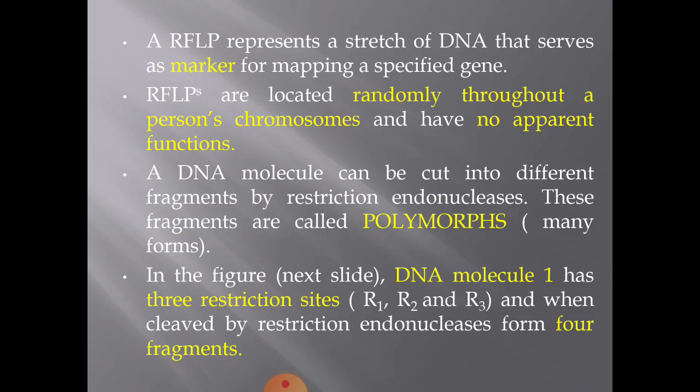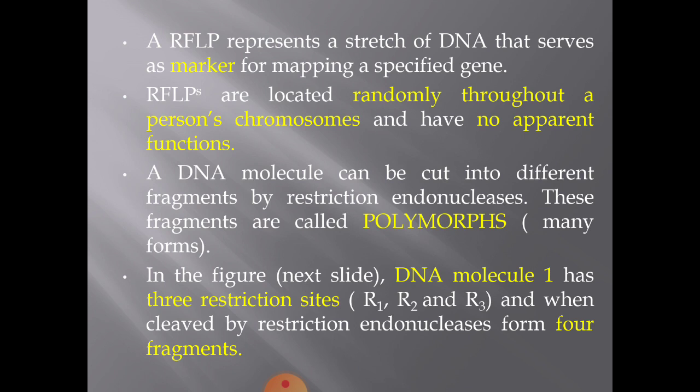Restriction means the DNA fragments which have been subjected to the digestion of restriction endonucleases, and whatever DNA fragments you get after the restriction digestion are called restriction fragments. Okay.